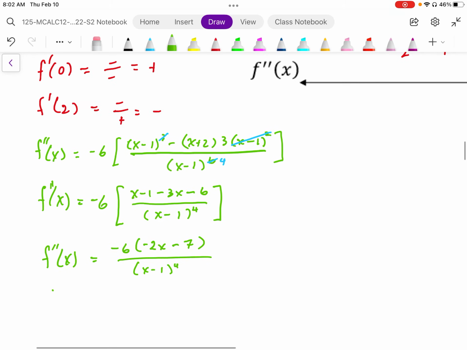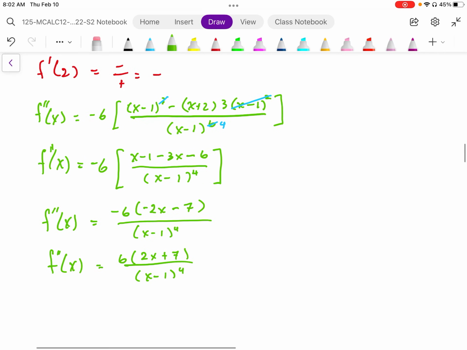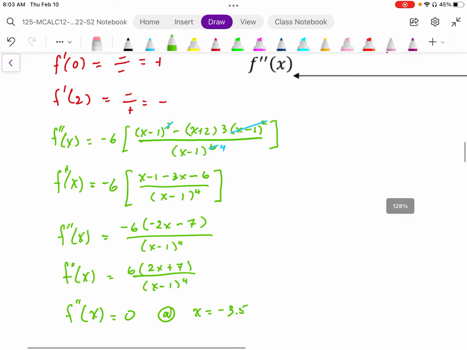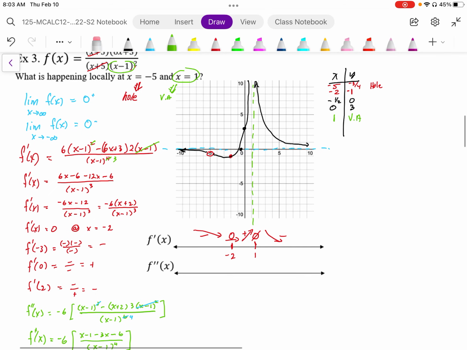Again, further simplifying this, I've got a bunch of negatives in there that I can combine. So this is going to be +6(2x plus 7). Okay, so my second derivative is equal to 0 at x equals -3.5.